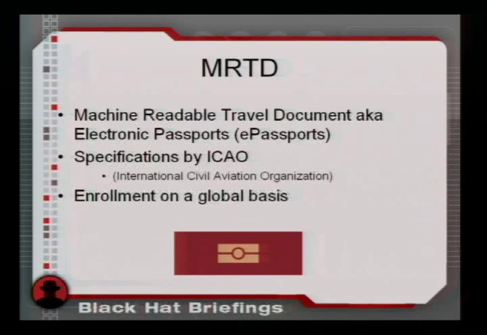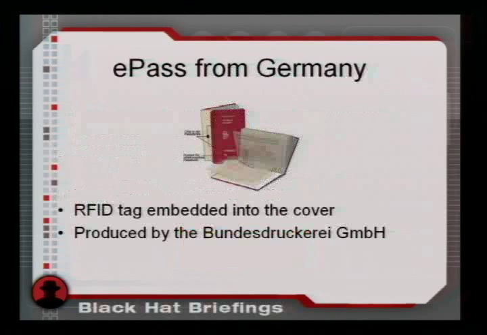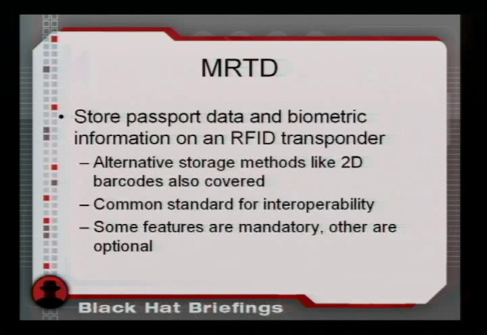They decided to make an involvement on a global basis. We have this new e-passport from Germany. The tag is embedded into the cover. After my presentation, you can look in front here. And it's produced by Bundesdruckerei GmbH. It's a company owned by the state.